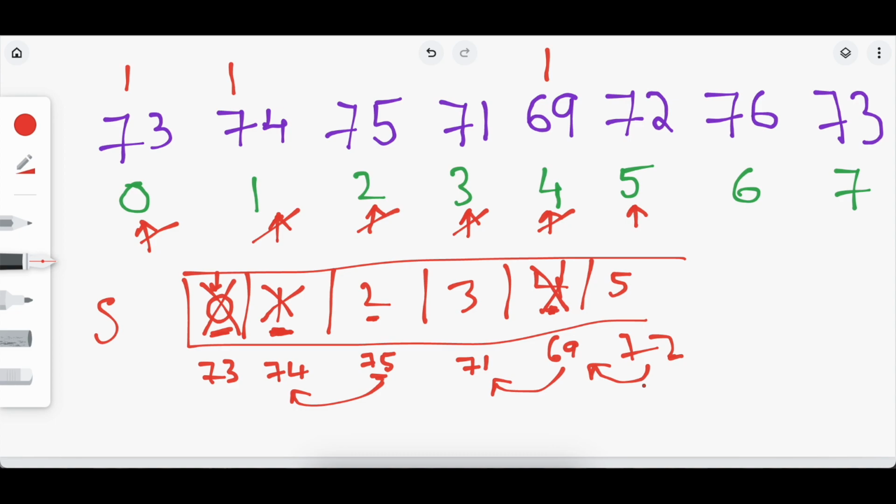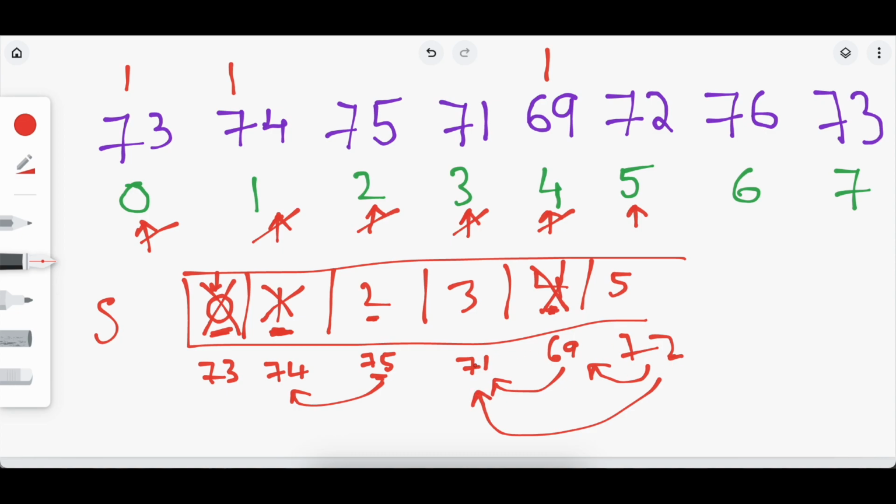So now what I will do, I'll compare 72 with 71. I'll do this repeatedly because the 72 is not only applicable to the value immediately to the left of it, right? It's also applicable to all the values to the left of it. So 72 could be the greater temperature for so many values before it. So we have to check each and every case, right? Now we'll compare 72 with 71.